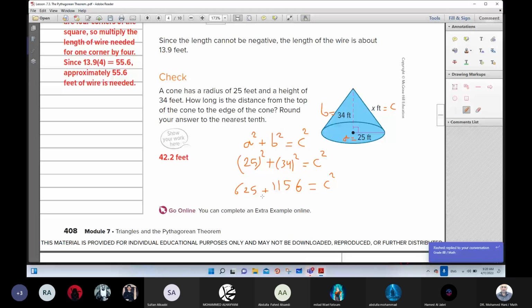And always the length of the side will be positive. So that means the answer.